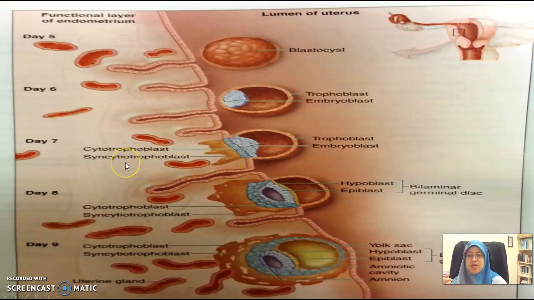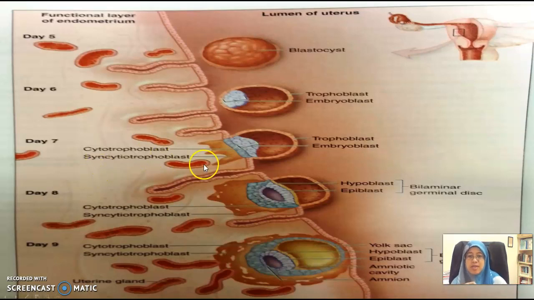The syncytiotrophoblast is the one that produces the enzyme that can engulf and excavate the wall of the endometrium, so that they can bring the whole embryo, the blastocyst, into the endometrium wall.